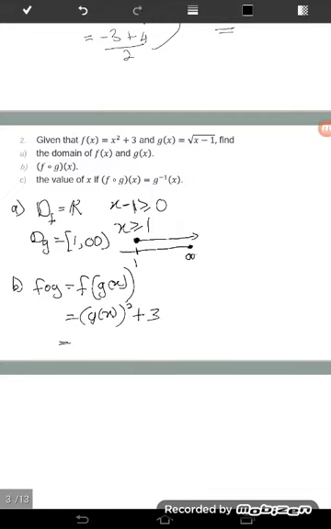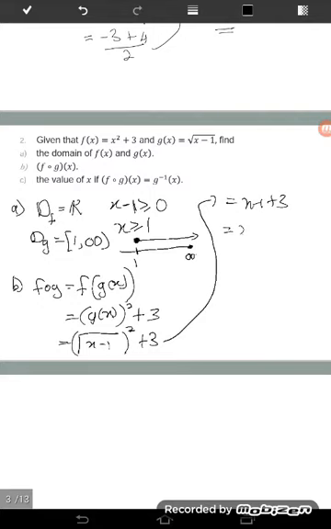Since g(x) is square root of x minus 1, we have square root of x minus 1, to the power of 2, plus 3. And then the square root and square cancel, so we are left with x minus 1 plus 3. The answer is x plus 2.